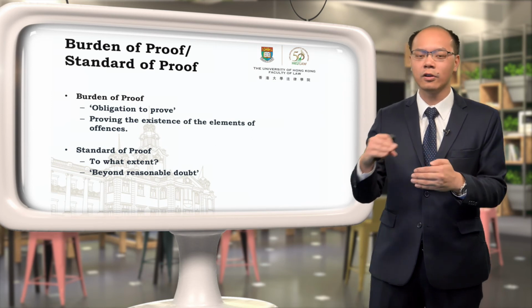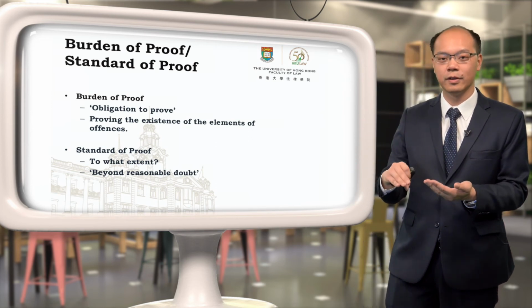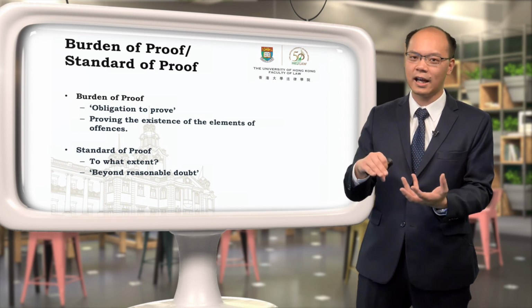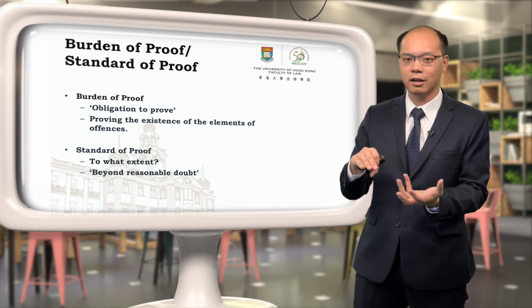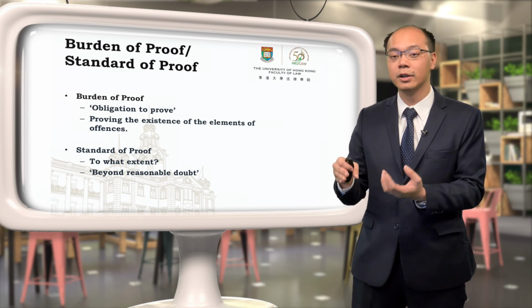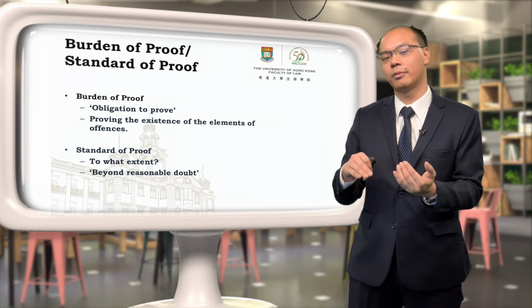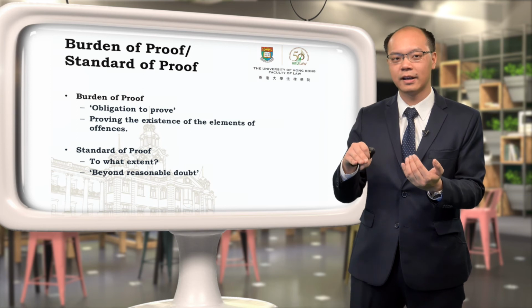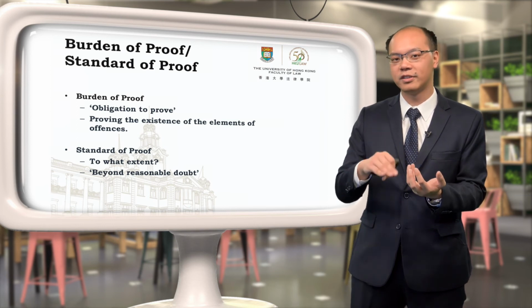And then a related concept is called standard of proof. Here we're talking about to what extent we would accept that a particular party has proved a particular case, right? When it comes to criminal proceedings, the standard of proof we adopt is beyond reasonable doubt.